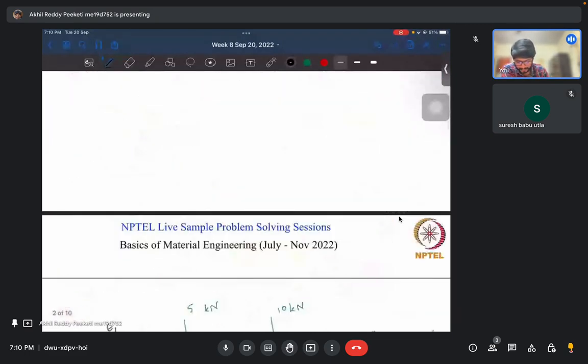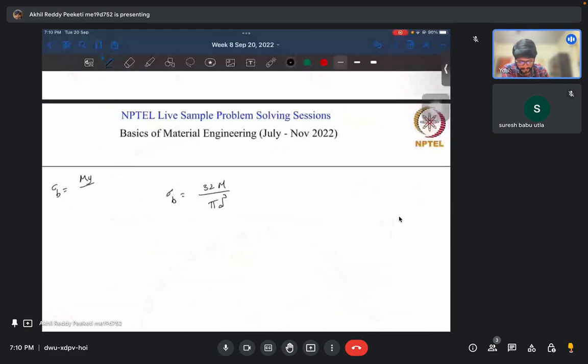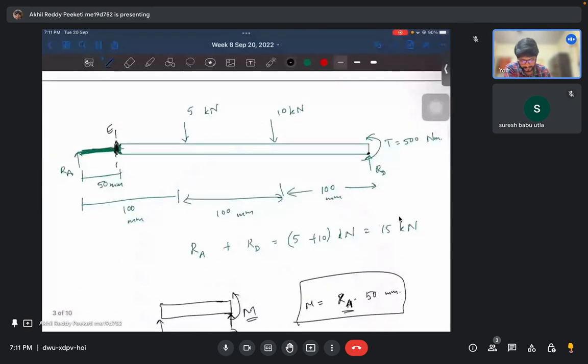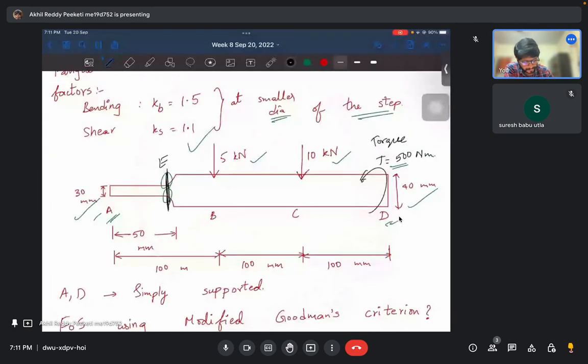So sigma B is actually M by I. That boils down to M into r, which is d by 2, by pi d power 4 by 64. So 32 M by pi d cube. So 32 into M, 1000 by 3, into pi into the smaller shaft diameter, which was given as 30 mm, so 0.03 whole cube.